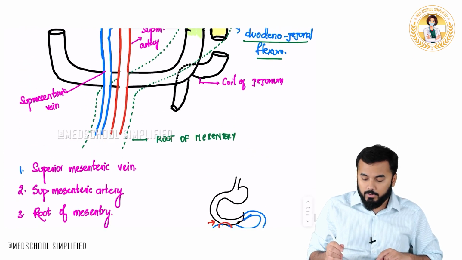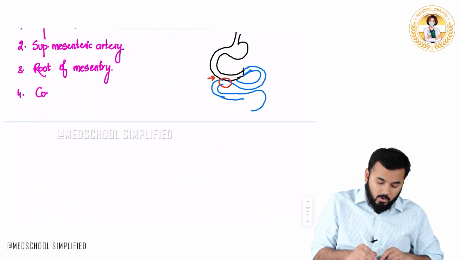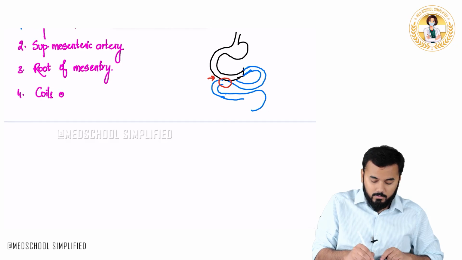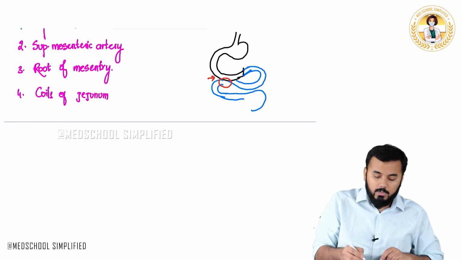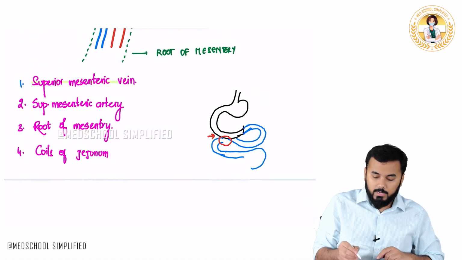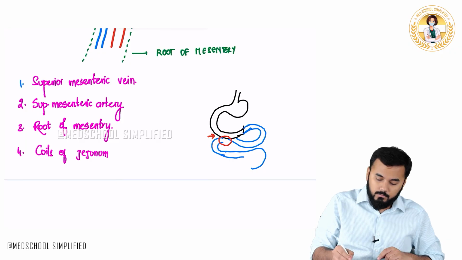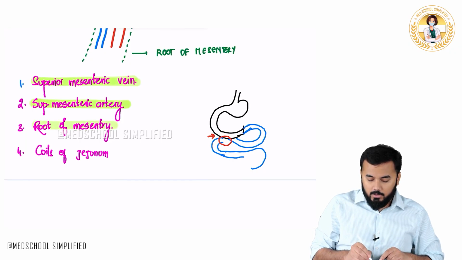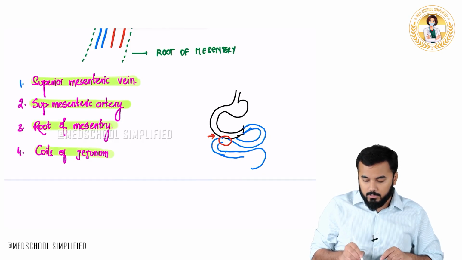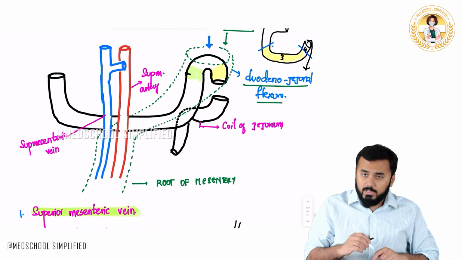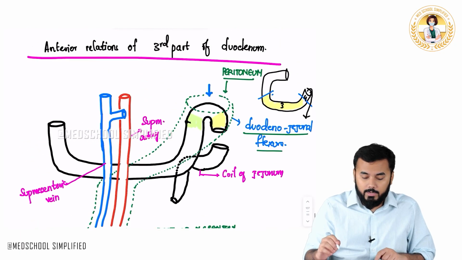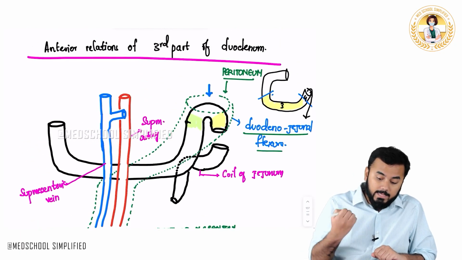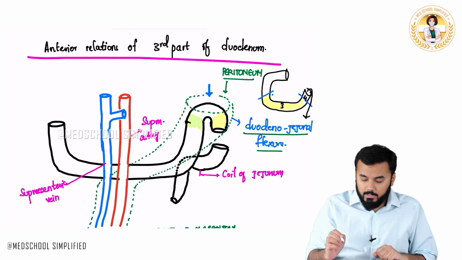And what is the fourth important thing? That is the coils of the jejunum. Right? So what are the important things we have discussed here? One is the superior mesenteric vessels: superior mesenteric vein, superior mesenteric artery, root of the mesentery, and coils of the jejunum. So these are all the structures which are located anterior to the third part of the duodenum.